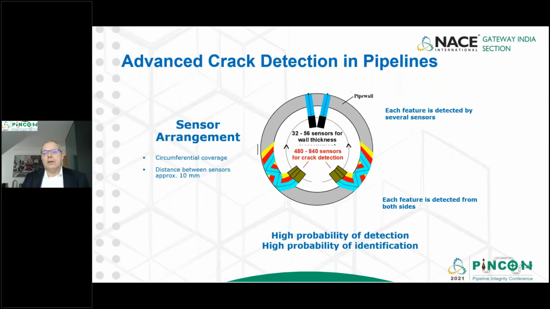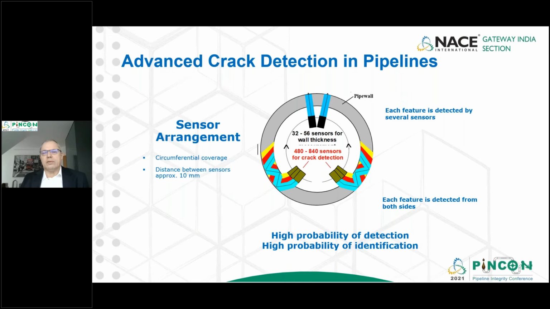This happens from both sides, so that we get a reading from the left side or from the clockwise side or the right side, which is also called the counterclockwise side of the crack detection tool. So every crack will be seen from several sensors and from both sides.